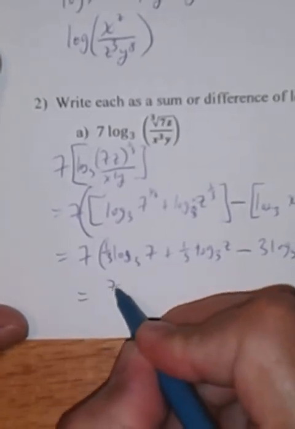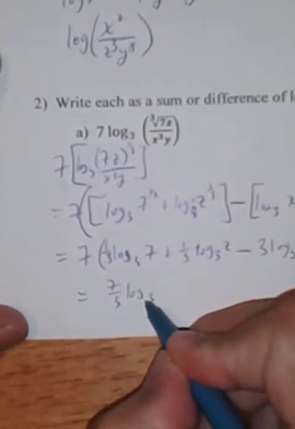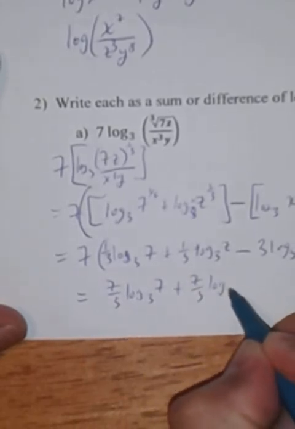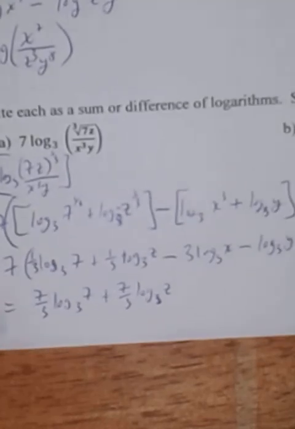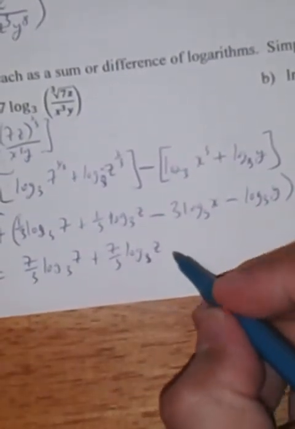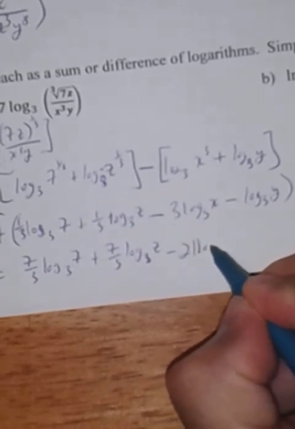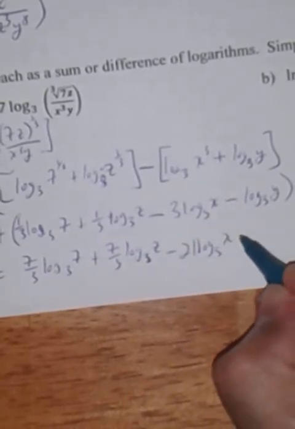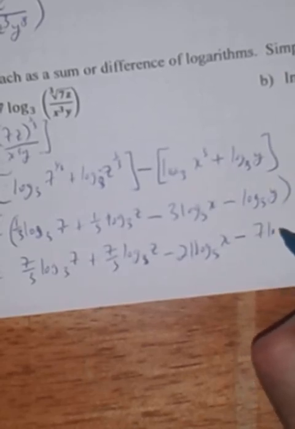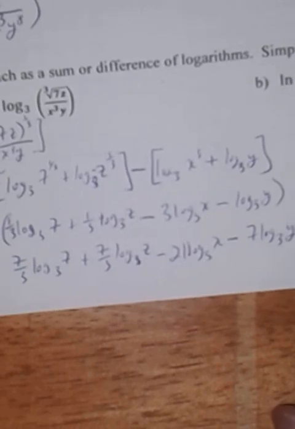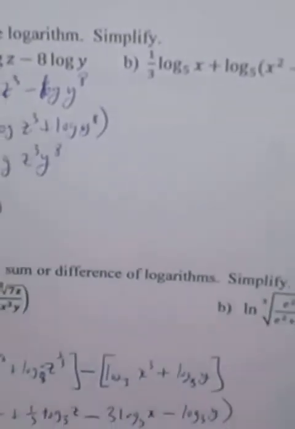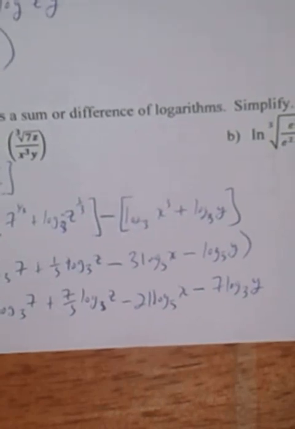So this will be 7/3 log base 3 of 7 plus 7/3 log base 3 of z minus, 7 times 3, so minus 21 log base 3 of x minus 7 log base 3 of y. Okay. That should be everything. All right. I'm going to stop there, and we'll pick up on the next video.